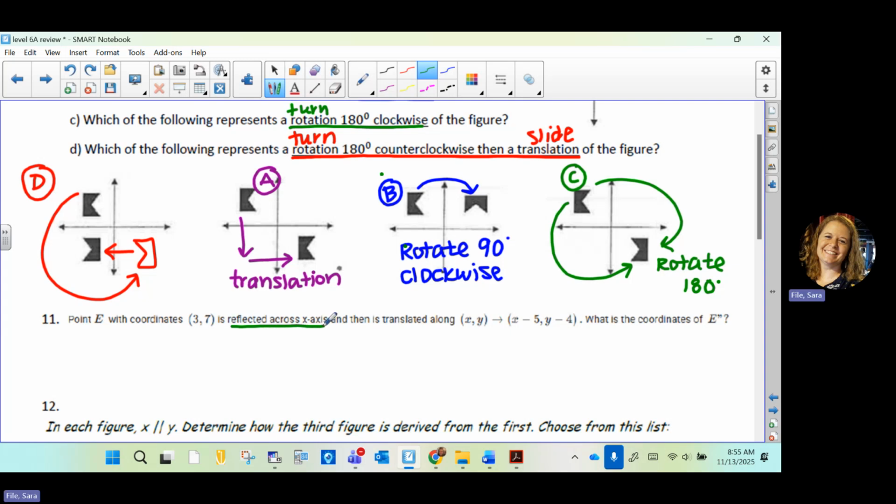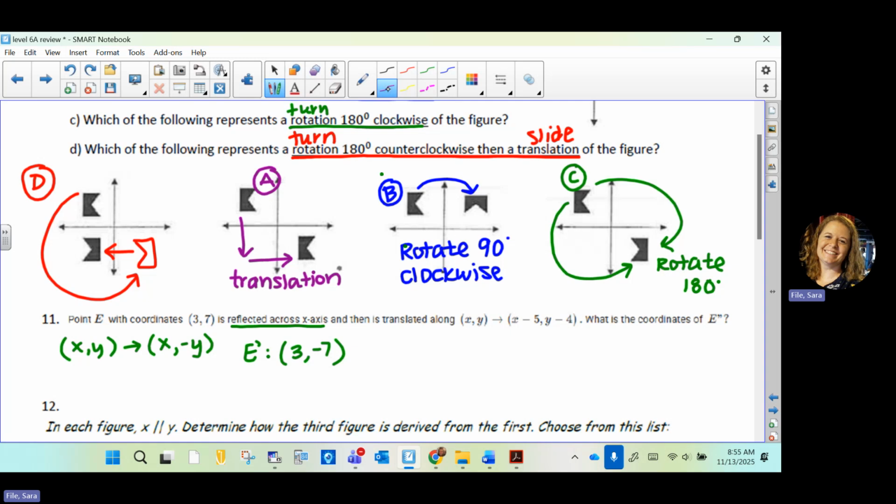across the x-axis. So when we're reflecting across the x, the x doesn't change, but the y does. So that means my 3, 7 will become 3, -7. So that's after the first change.